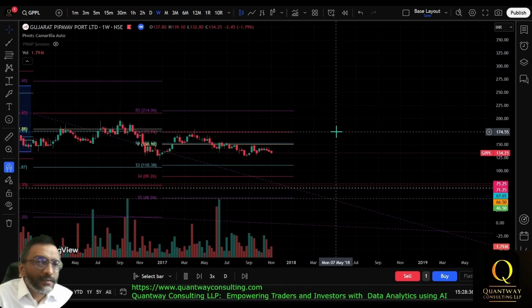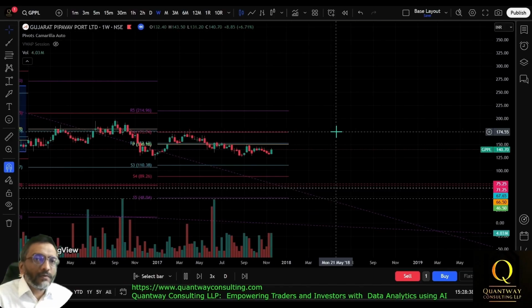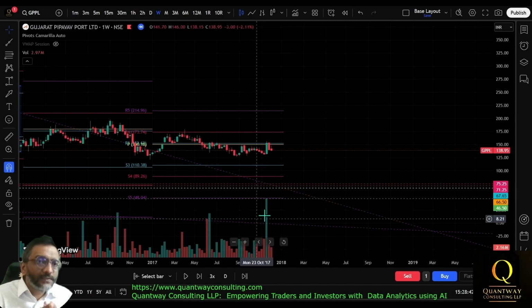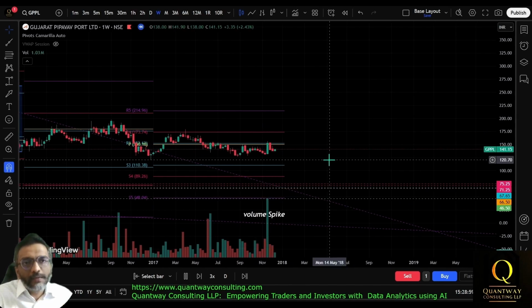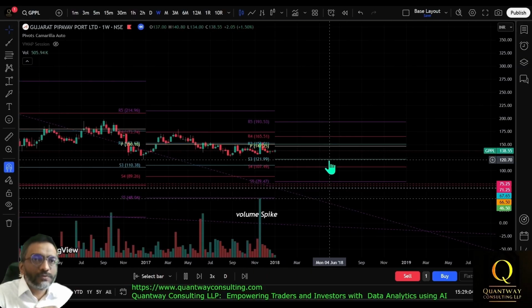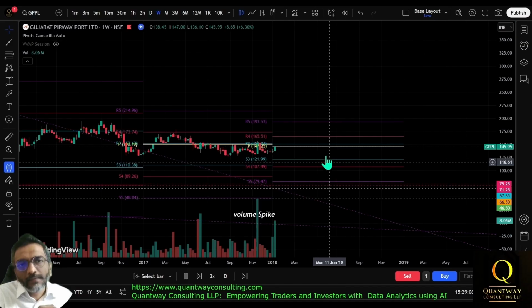So typically a method where you can get your equity curve to move up consistently would be much better than just allocating to all the stocks randomly.